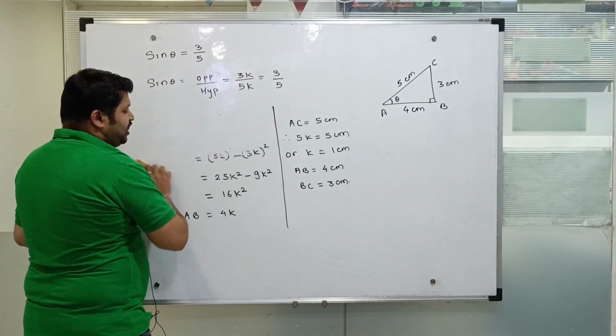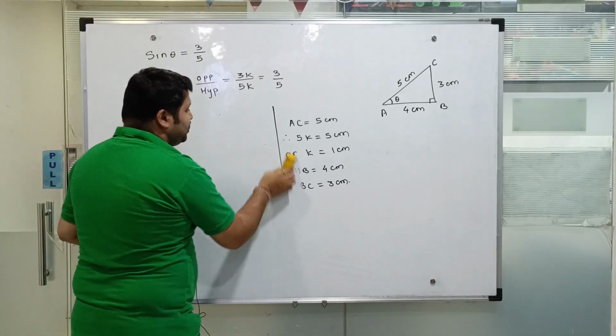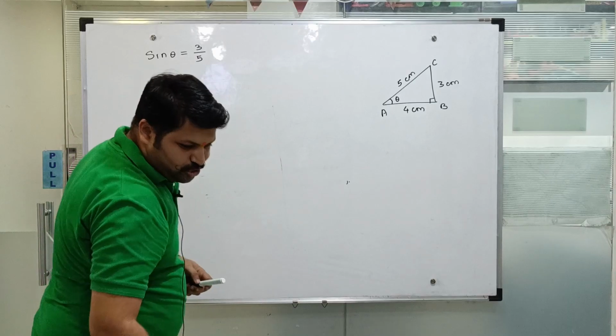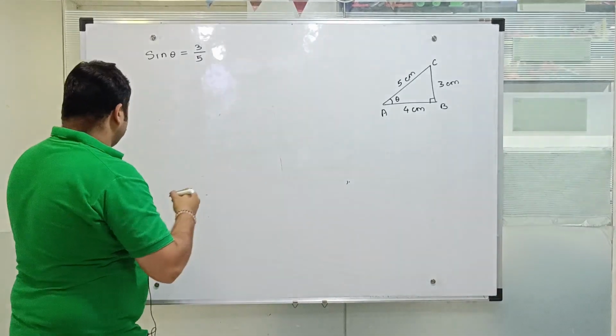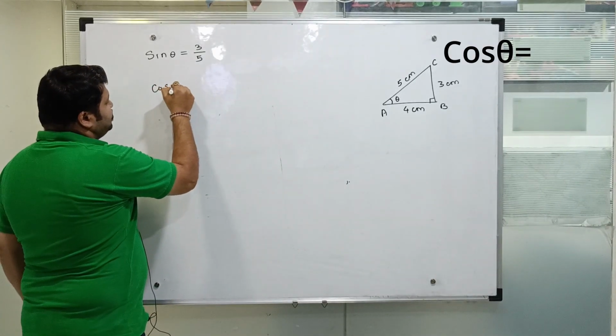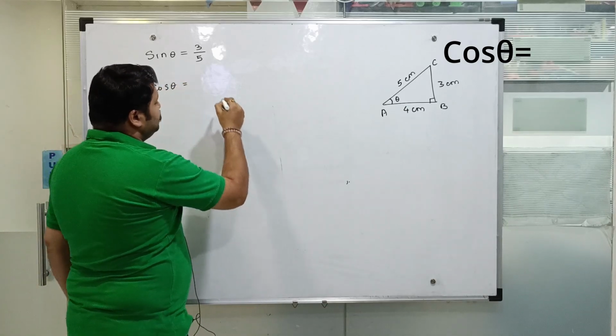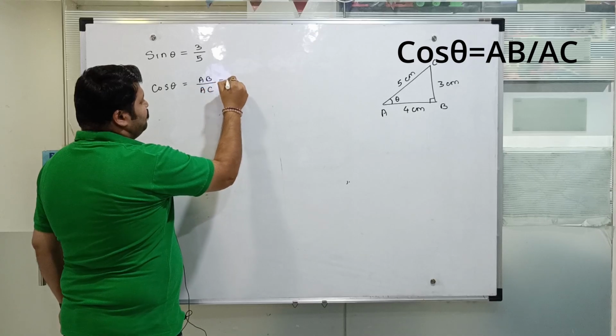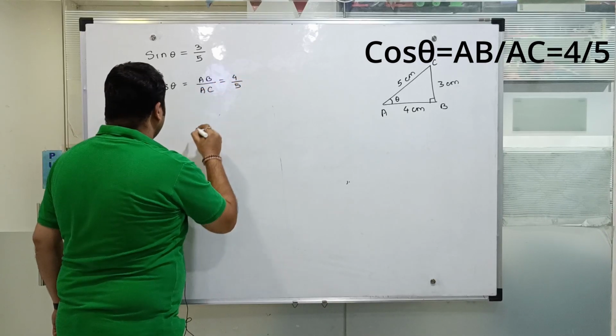So let's go ahead and find those. By definition, cos theta will be equal to AB upon AC, so it would be 4 upon 5.